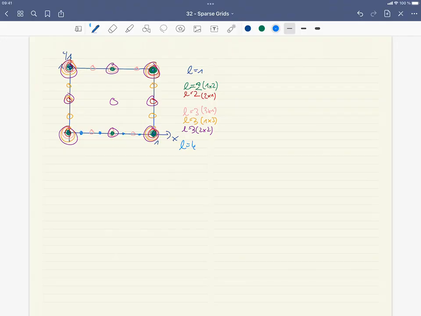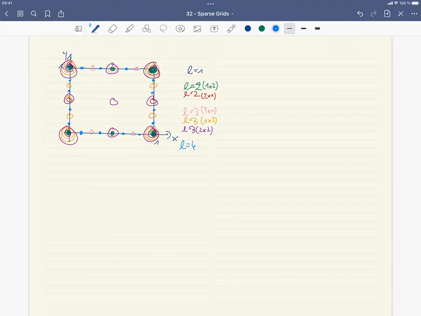Let's try this. So it's level 4 in the x direction and level 1 in the y direction. So I only get the points on this axis and this axis because I'm taking those points here. Then I have the same thing here. So points in between. So that's 1 times 4.